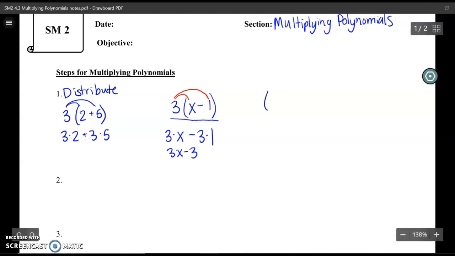We are going to see more complex ones, like x plus 1 times 2 plus x. Maybe we want to multiply those two polynomials together. And the first thing I would do would be to distribute. So I would do x times 2, plus x times x.